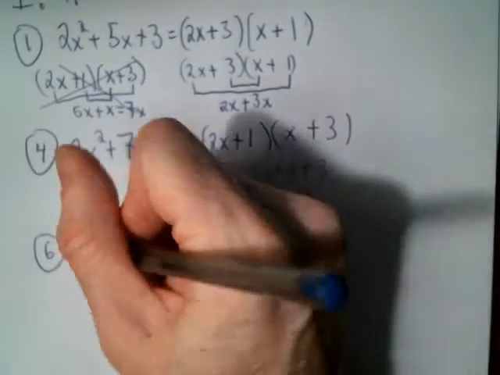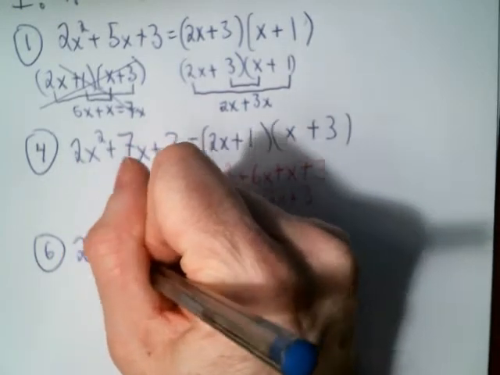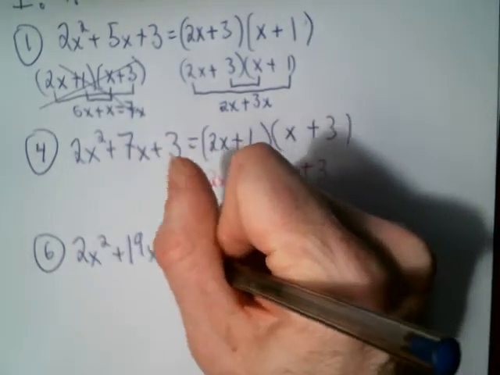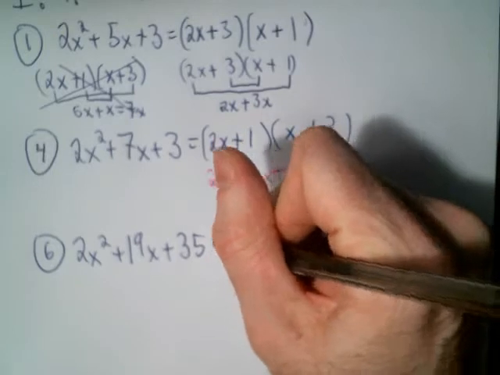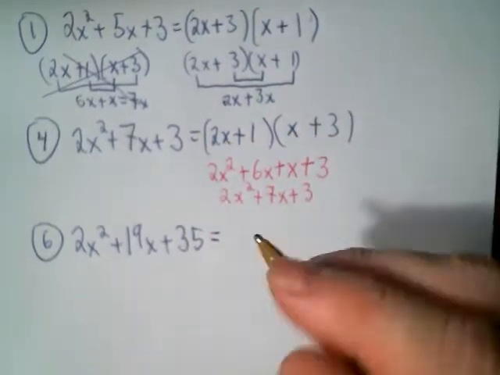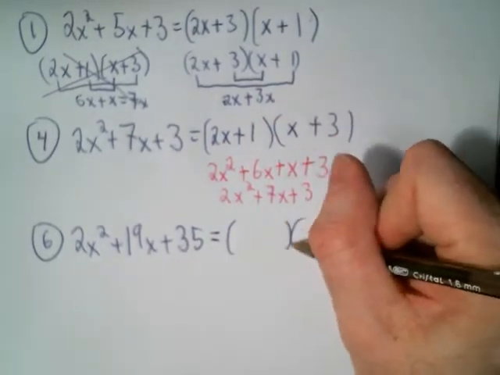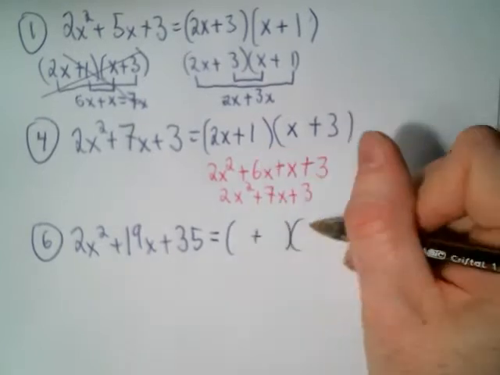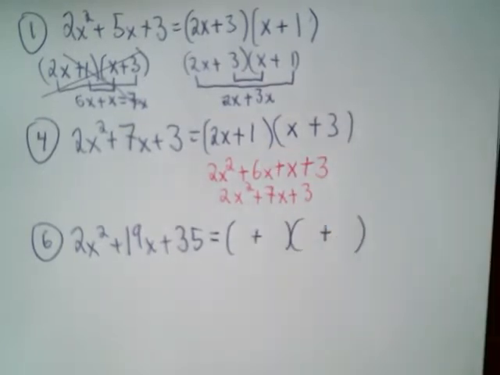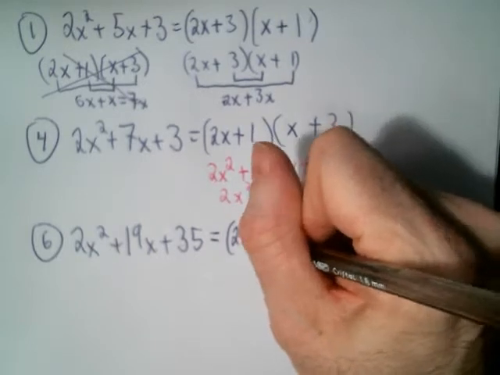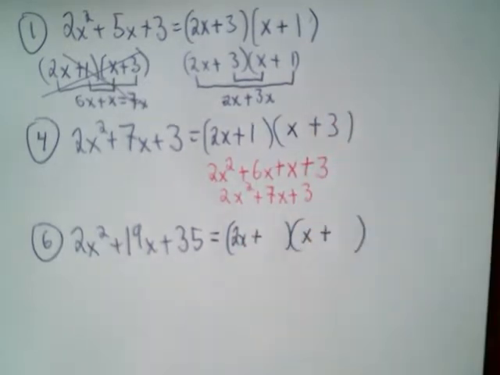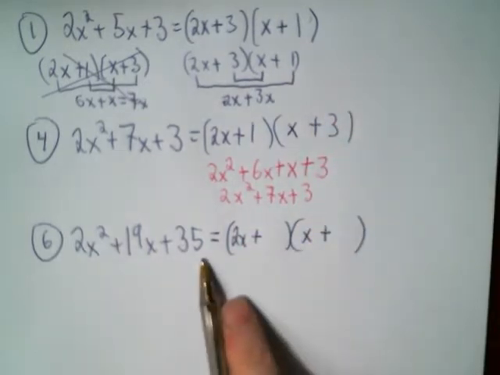Let's look at number 6. You have 2x squared plus 19x plus 35. Okay, so I'll set up my parentheses. I need plus plus. This will have to be 2x and x. And then I'm thinking two factors to give me 35.